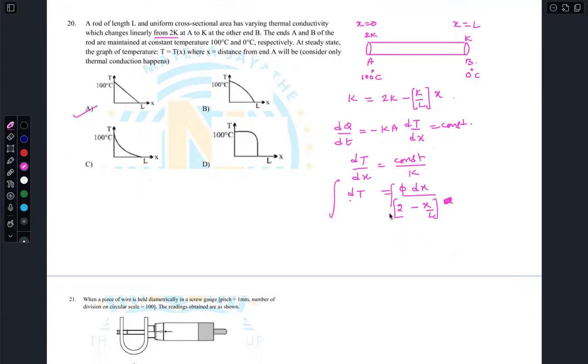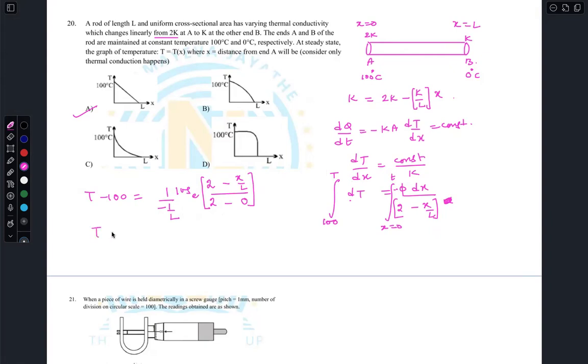Now you apply limits. At x equal to 0, temperature is 100. At some point, temperature is T. So T minus 100 is minus 1 by L log e of (2 minus x by L) by (2 minus 0).